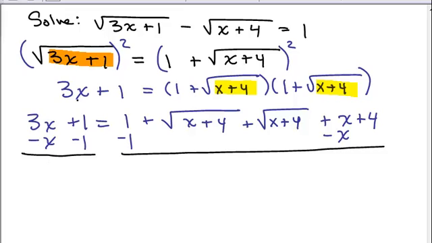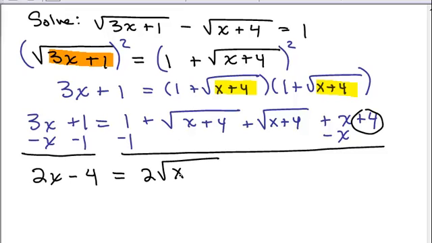And what I have here is 2x on this side. And then this plus 4, if I subtract 4 from both sides, I'll have 2x minus 4. And then on the right-hand side, all I have left is the 2 square roots of x plus 4. Remember, that's like m plus m, or if you want to see it, the coefficients are 1, so you're going to have 2 of those.